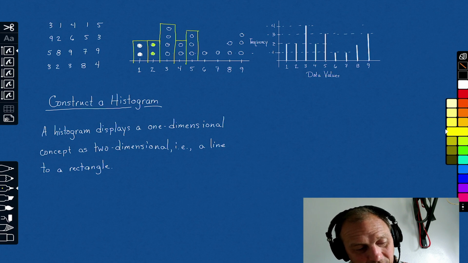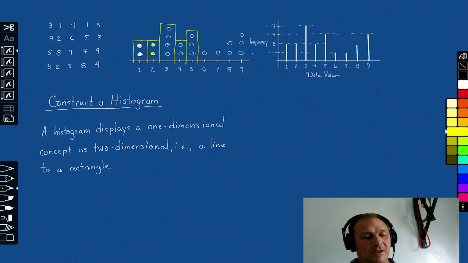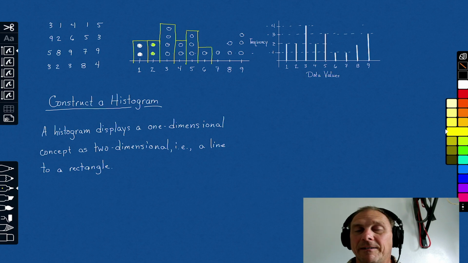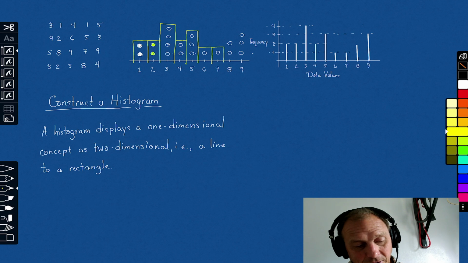Now, I'm also doing something as I go, and that is notice that my box comes right in between the data values. For example, when I make this next box that represents the frequency of 6s, it's going to start at 5.5 and it's going to end at 6.5. The next box will start at 6.5 and end at 7.5.